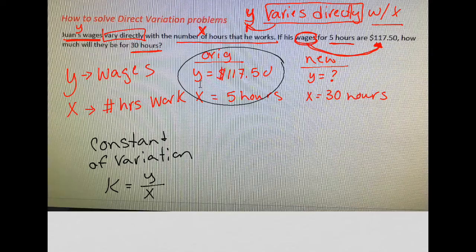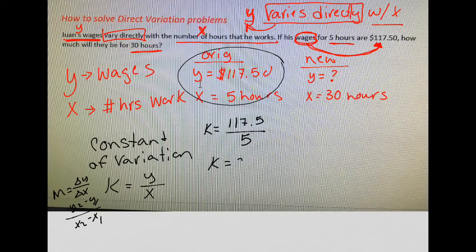Just like slope is change in y over change in x, or y2 minus y1 over x2 minus x1. Just like with slope, y is on top. So my constant of variation for this problem would be the y value, 117.5 over 5, which I can plug into the calculator and get 23.5. So that is my constant of variation.